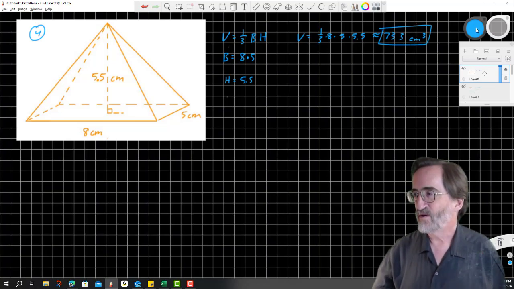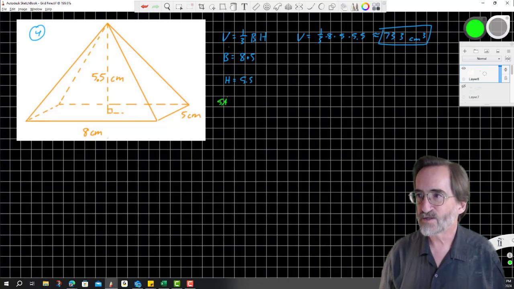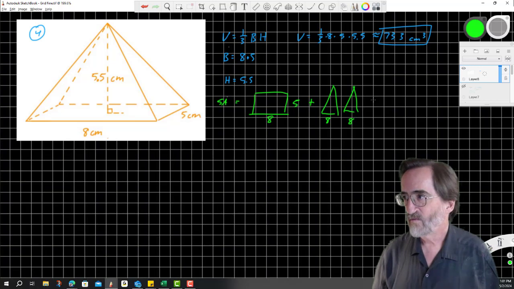Okay, and that's volume. Surface area is a little tougher. We've got to break it down into its shapes. Okay, so it's one rectangle, that's 8 by 5, plus 2 triangles that are 8 by something, plus 2 more triangles that are 5 by something.